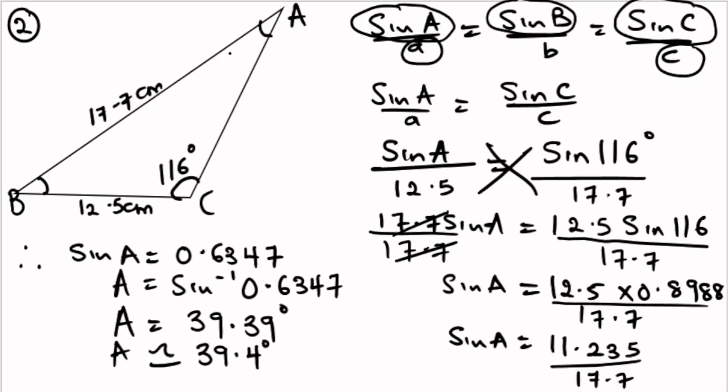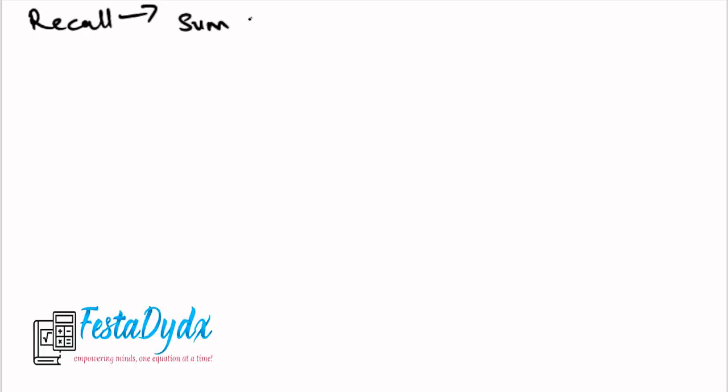Angle A is 39.4. So here we have angle A, we have angle C. So we're going to use sum of angles in a triangle to get angle B. Recall, sum of angles in a triangle is equal to 180 degrees.